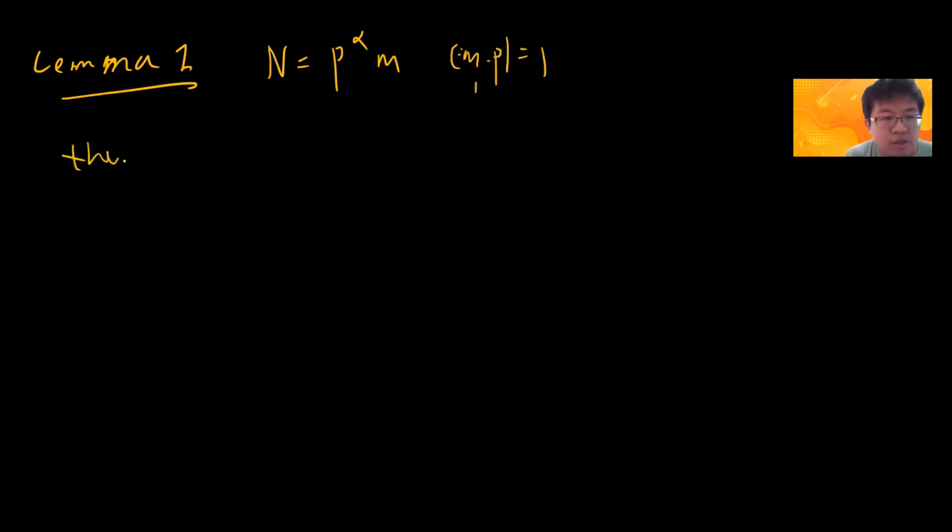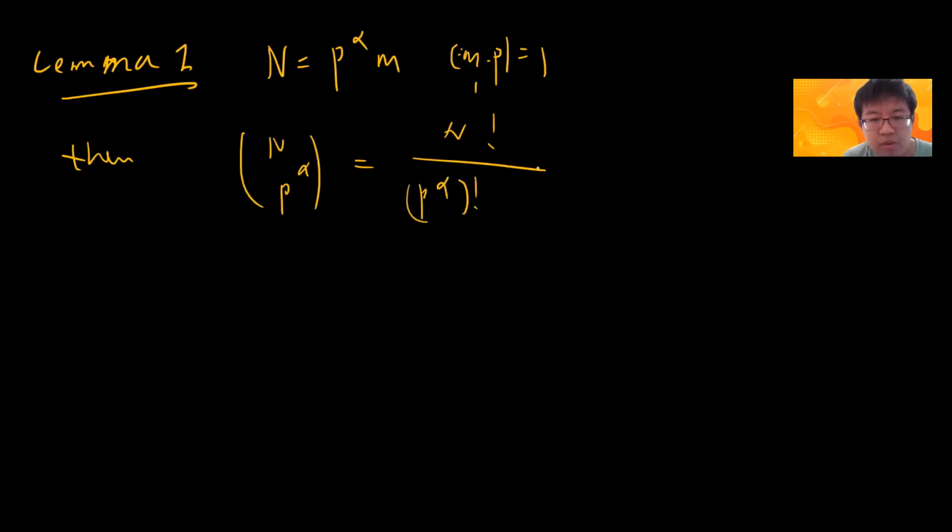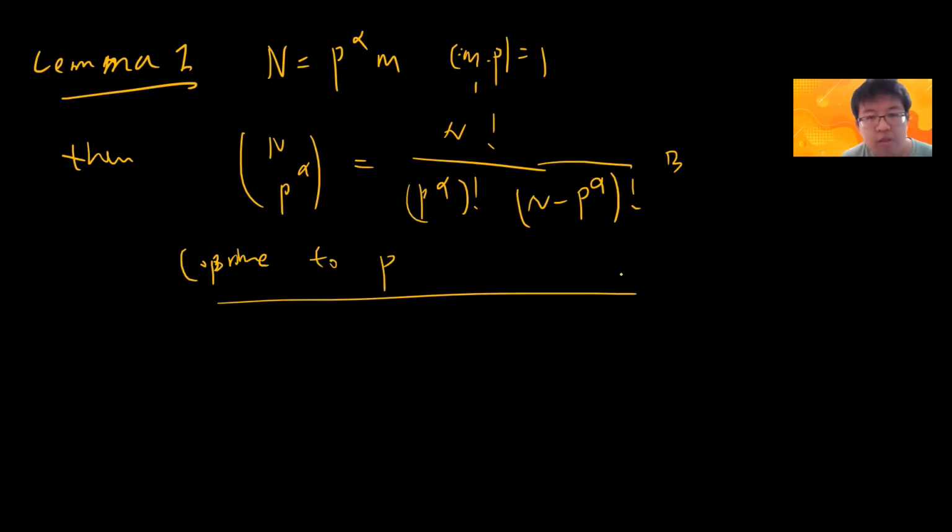Then n choose p^alpha is coprime to p. This is elementary number theory, so I skip the proof.